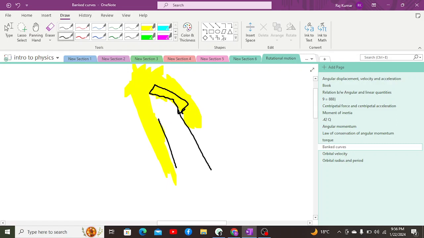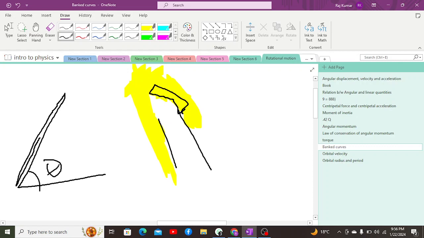These curved banks are utilized in order to increase the angle theta of the normal force being applied over the road. Let's suppose this is a road. If the road is a bit curved, a bit steeper, then it will make an angle with the ground, theta.